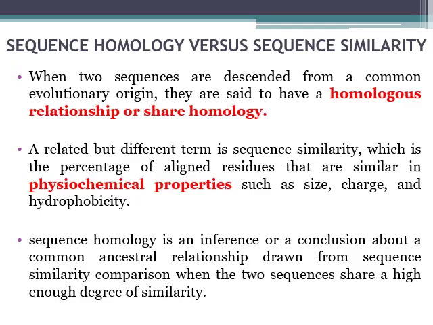Sequence homology is an inference, a conclusion about the common ancestral relationship drawn from the sequence similarity comparison when the two sequences share a high enough degree of similarity. So suppose there are two sequences which are sharing 80% similarity or 80% identity. Then we can say that these two sequences are homologous.